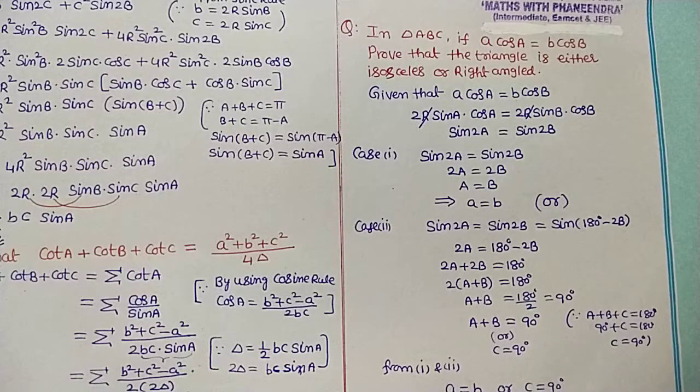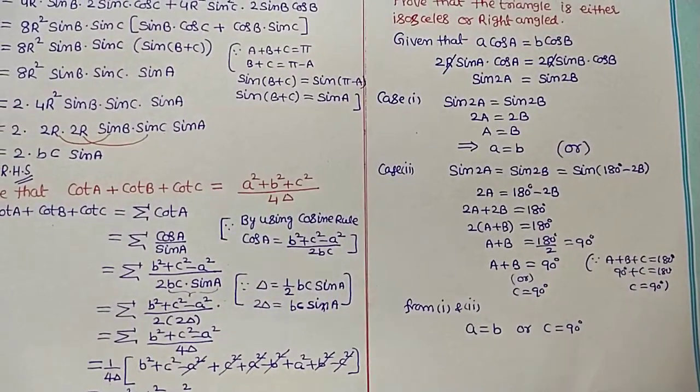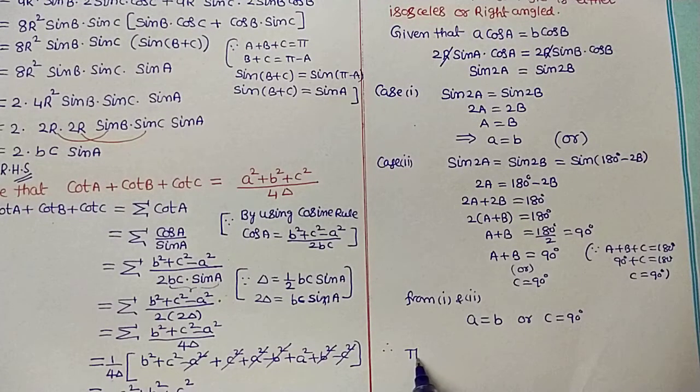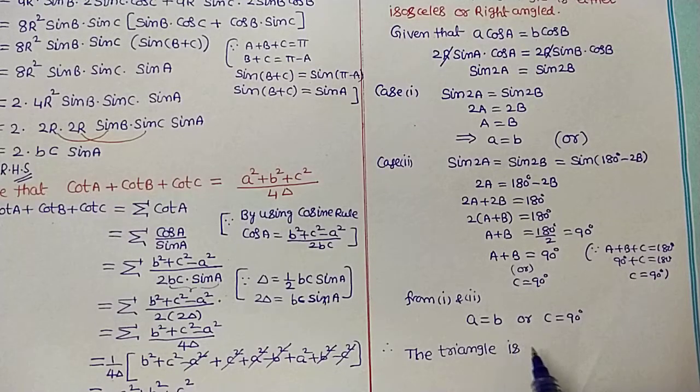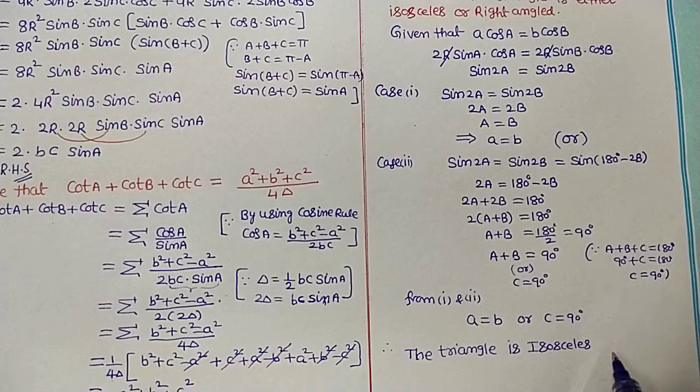Therefore, we conclude that the triangle ABC is isosceles or right angled.